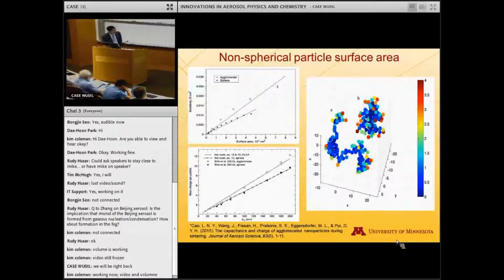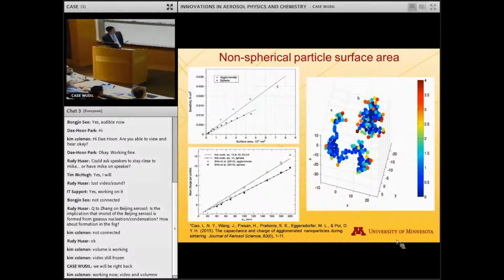In a recent paper that we published together with Prasinis and Fissan, the student did numerical calculations, finding that for agglomerate charging, most of the charges actually appear on the periphery of the agglomerates, and in the middle there's hardly any charge.